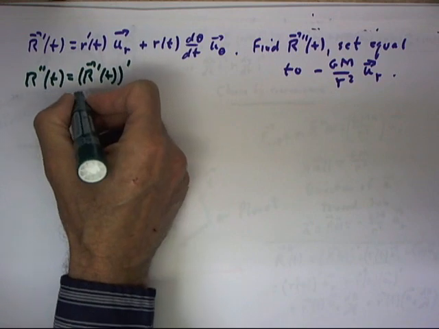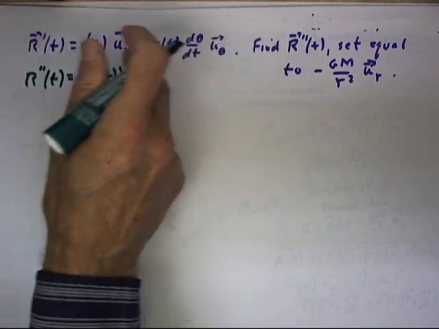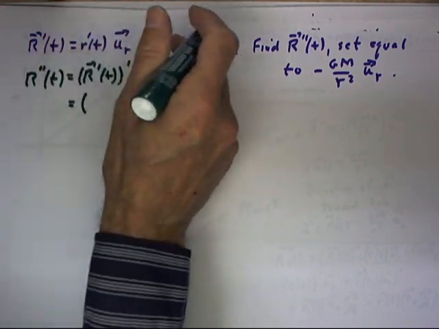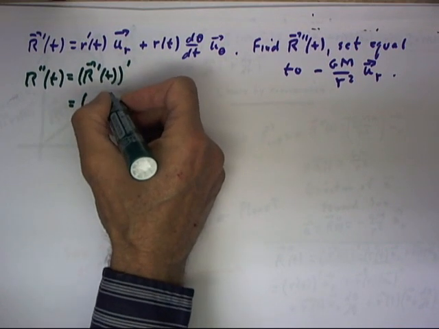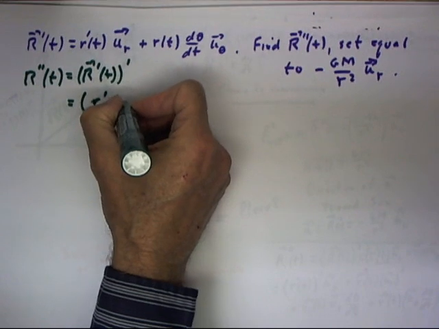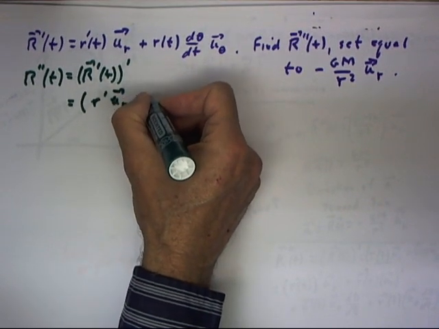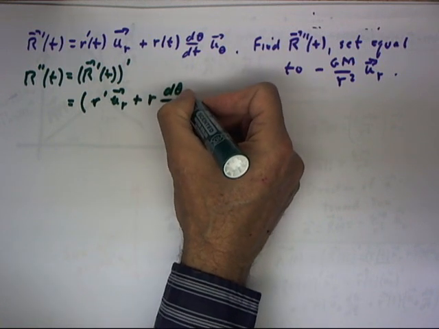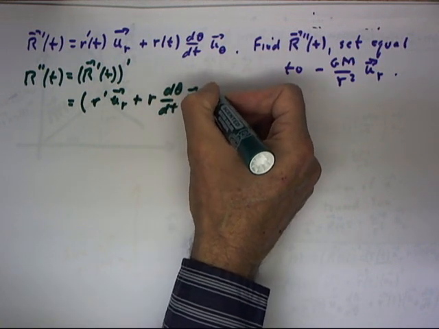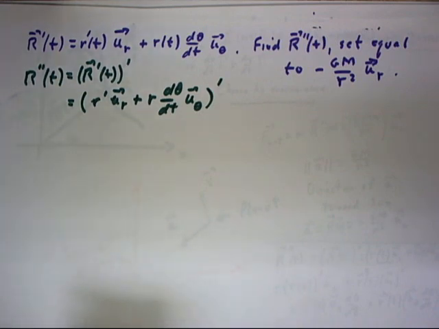express r double prime of t as r prime of t prime, which is going to be, now I'm going to suppress the function notation, when I write little r, I just mean the function little r of t, times ur plus r times d theta dt times the u theta vector prime.